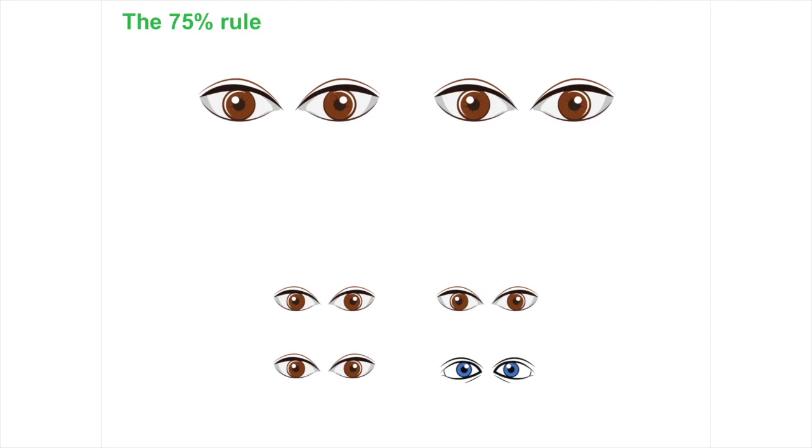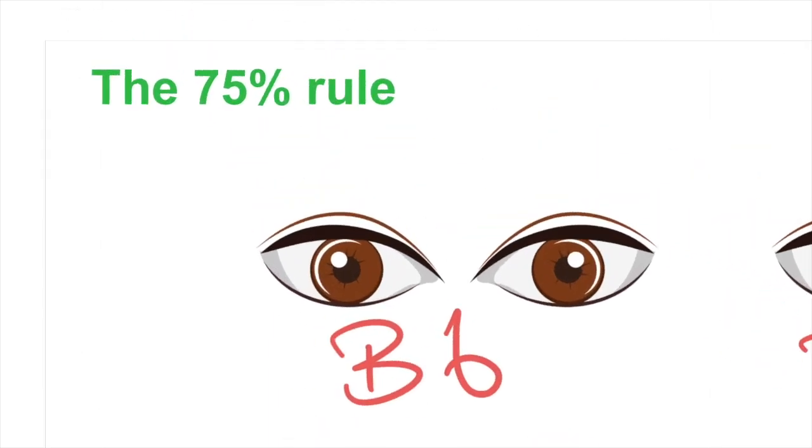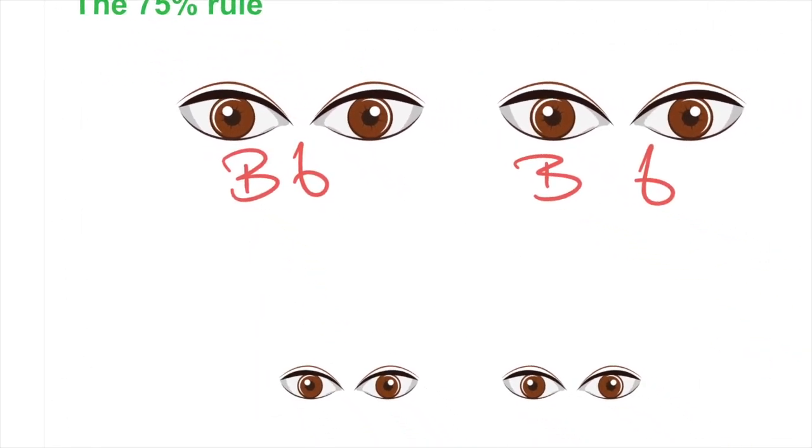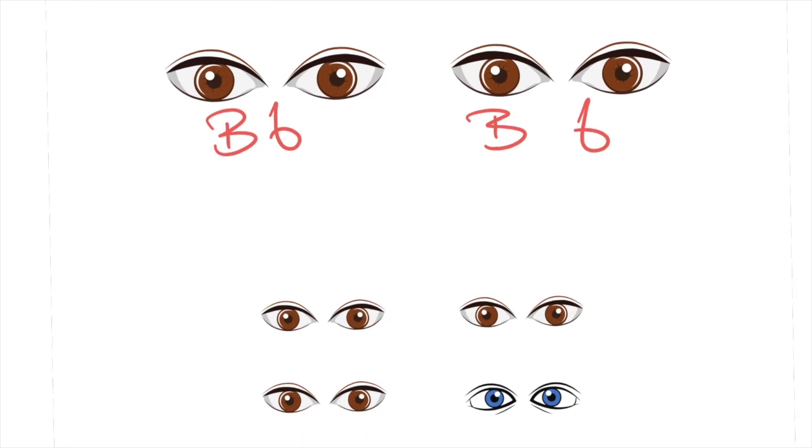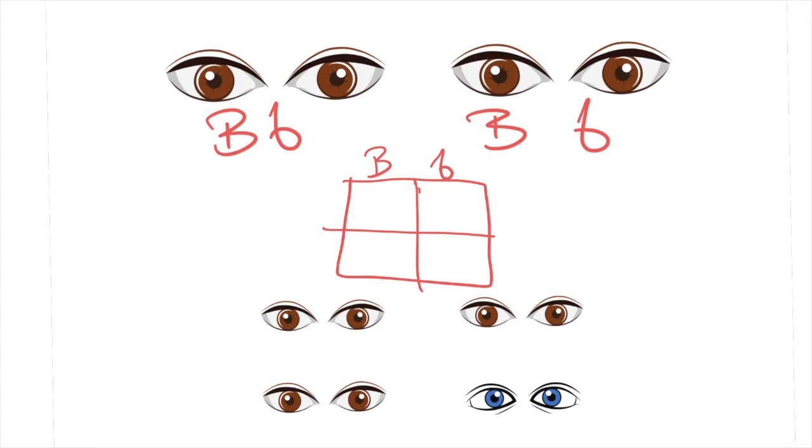In this case, if one parent was B capital, B small, that's known as heterozygous, and the other one is B capital, B small, then 75% of the offspring will have the dominant phenotype. So how do you prove this? You prove it by drawing the old Punnett square and putting in the genotypes of the parents here.